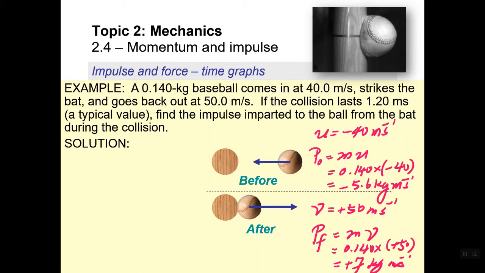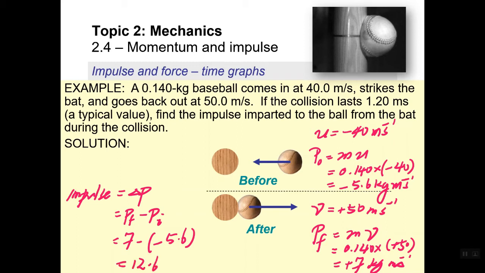The question asks for the impulse, and impulse is change in momentum, which is final momentum minus initial momentum. So 7 minus minus 5.6, where minus minus becomes plus, gives us 12.6 newton seconds.